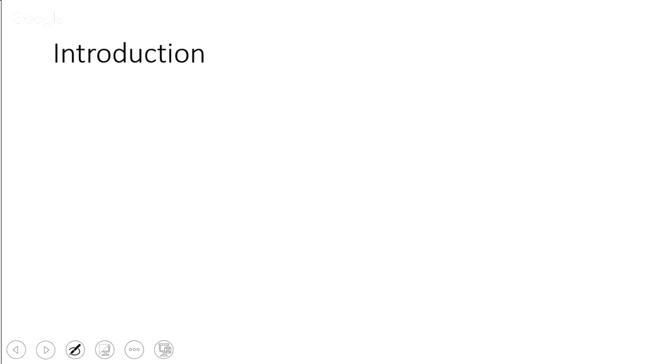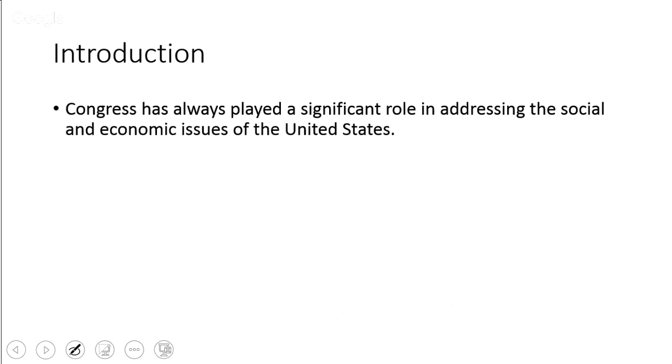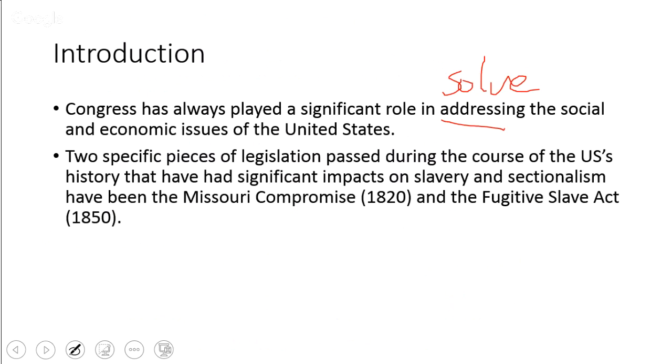So again, introduction. Congress has always played a significant role in addressing, again, address means solve, the social and economic issues of the United States. Two specific pieces of legislation passed during the course of U.S. history had significant impacts on slavery and sectionalism.